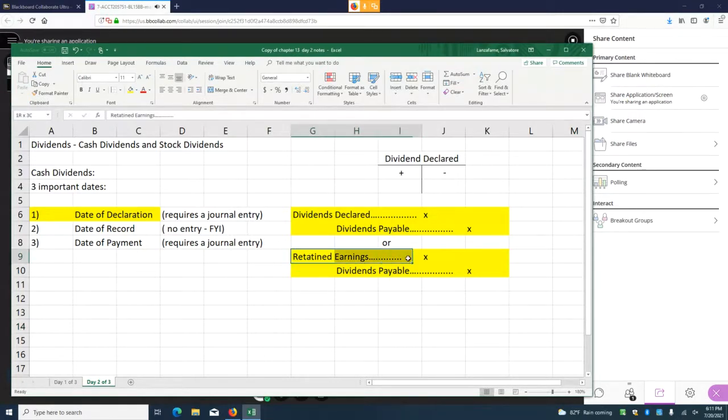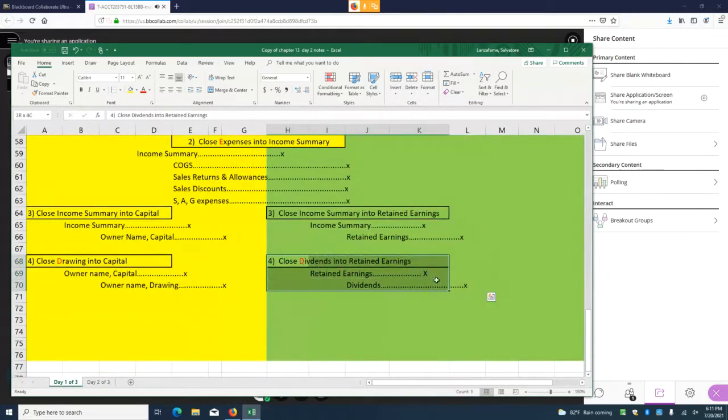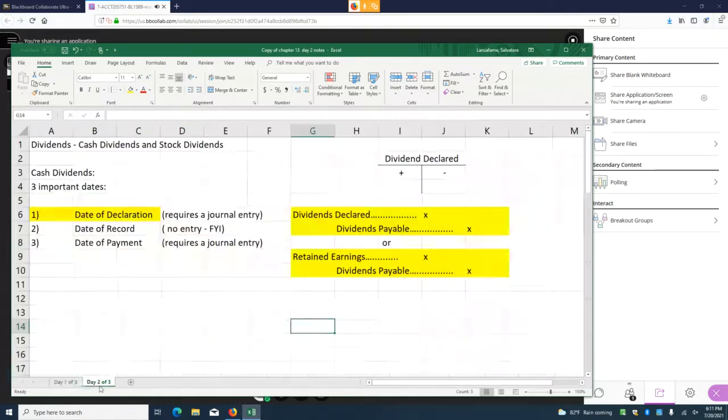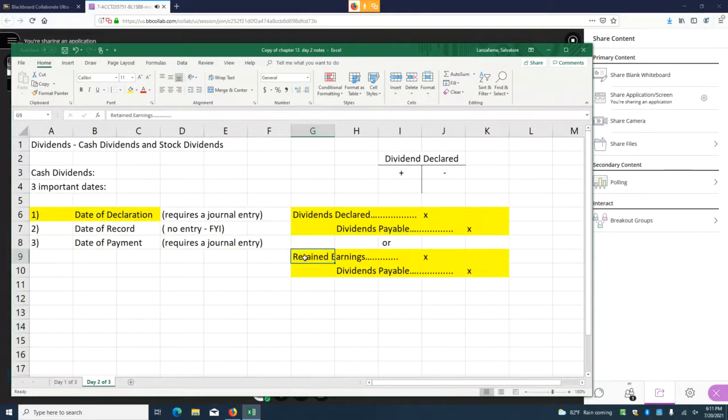So if a company does this, I spelled it wrong. If a company debits retained earnings instead of dividends declared, then there is no need for closing entry number 4 because they've already put the dividends in there. So they didn't create it to close it. It's just automatically in retained earnings right out of the chute.